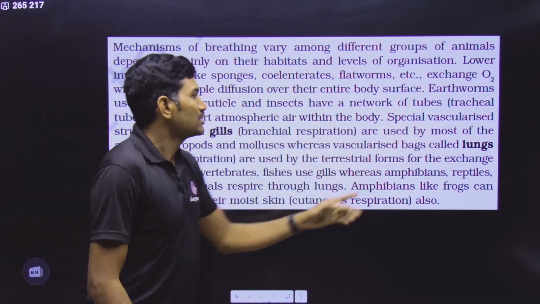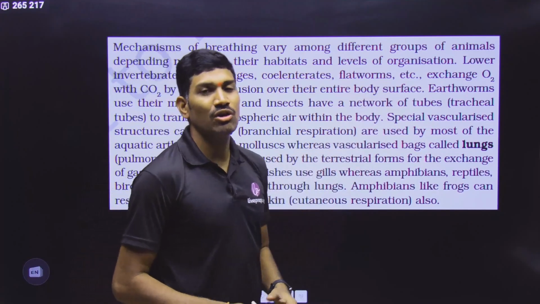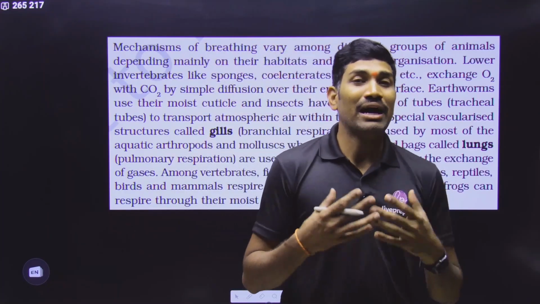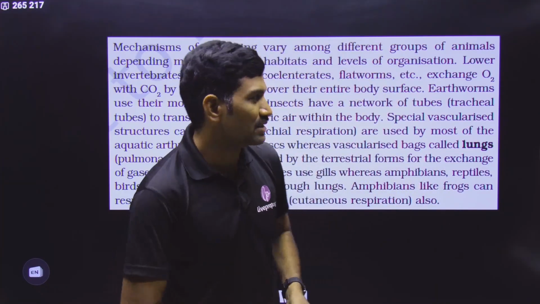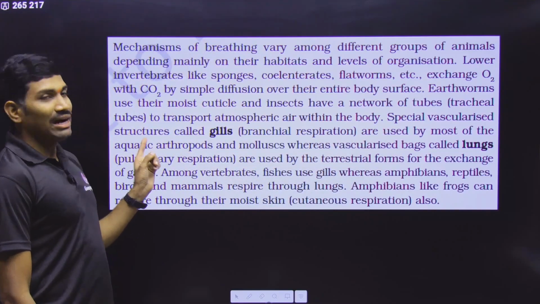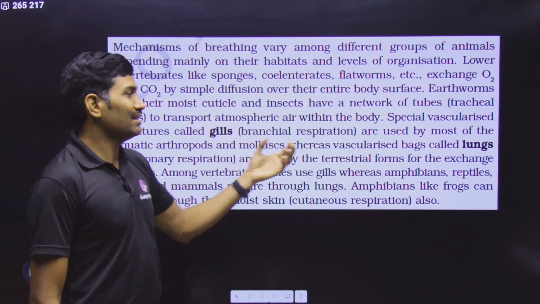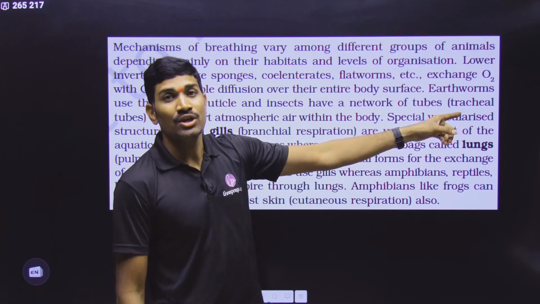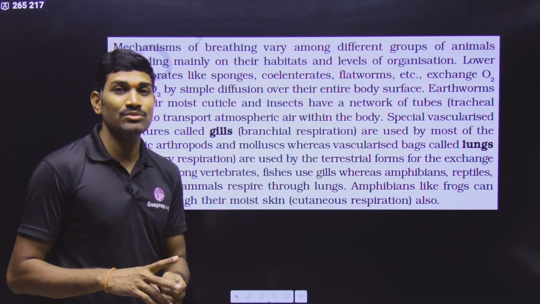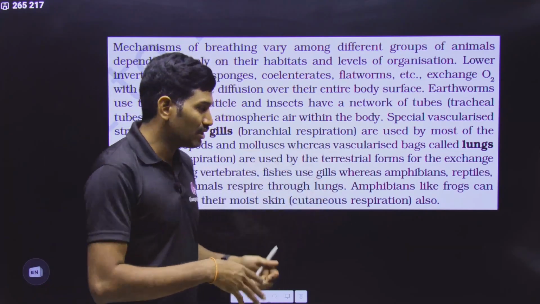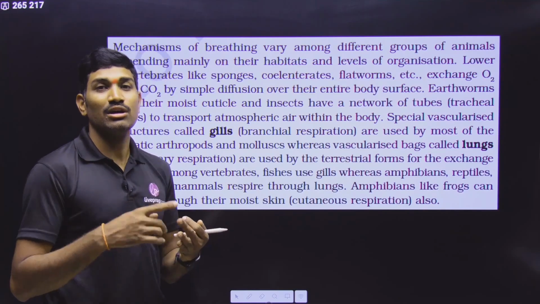Next one, special vascularized structures. Whenever they use the term vascularized, the meaning is that blood supply is present. So special vascularized structures are called gills. That means gills have blood supply. Regarding this point, we will study gills and blood supply in the chapter on body fluids and circulation, where we will study the 2-chambered heart, 3-chambered heart, and 4-chambered heart.